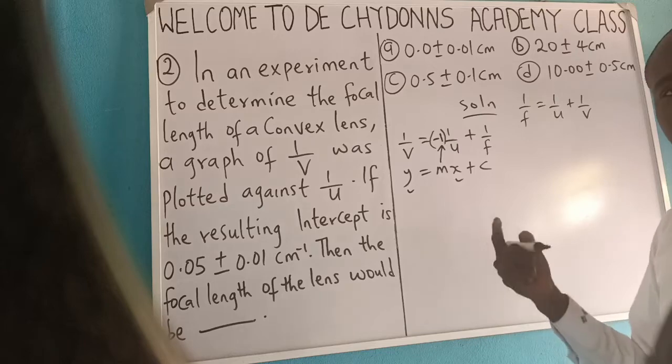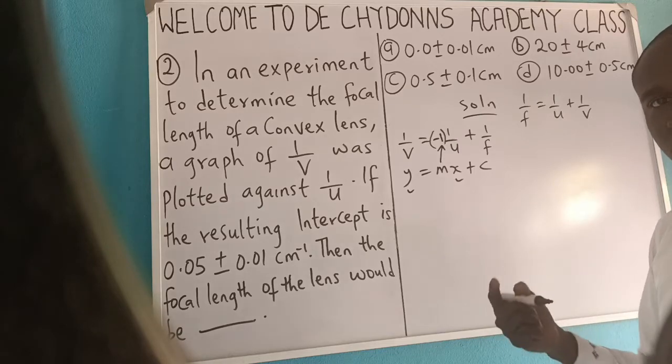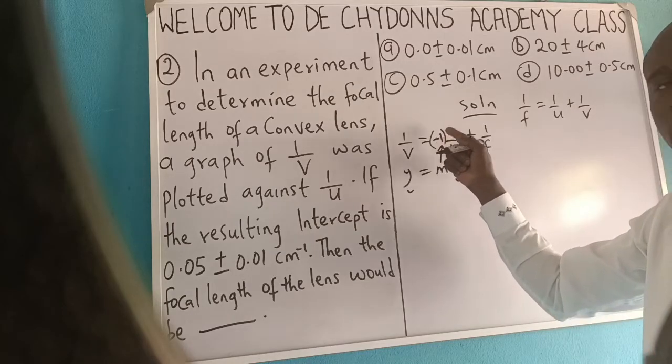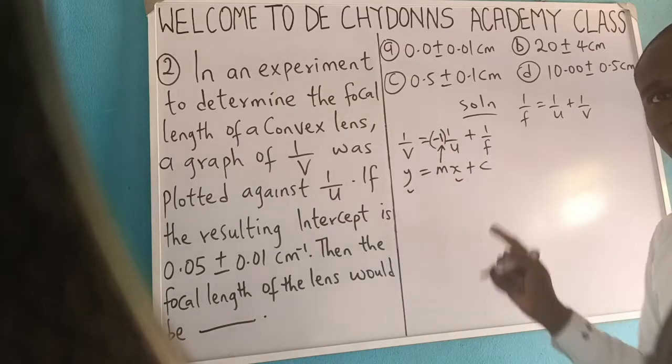If you perform it perfectly well, like a genius, the slope will be minus 1.